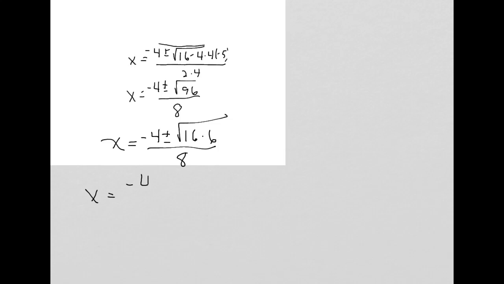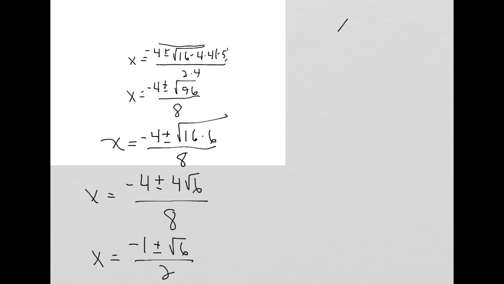So -4 plus or minus 4 square roots of 6 over 8. Those terms all divide by 4. So we have -1 plus or minus the square root of 6 over 2. So in our t-chart then, when y is 0, our x values are -1 plus or minus the square root of 6 over 2.